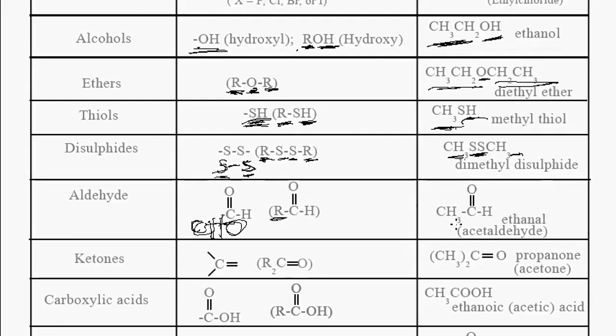So I have an alkyl here, which is a methyl, and then I have my CHO here, showing that this is an aldehyde. We can name this ethanal, or simply we can call it acetaldehyde. All right, so let's move to the next one.